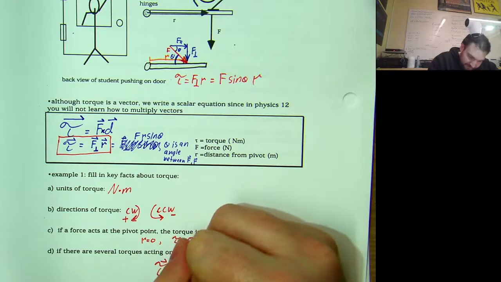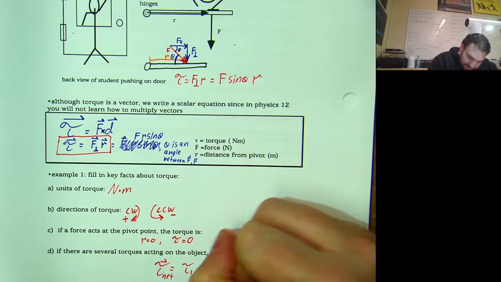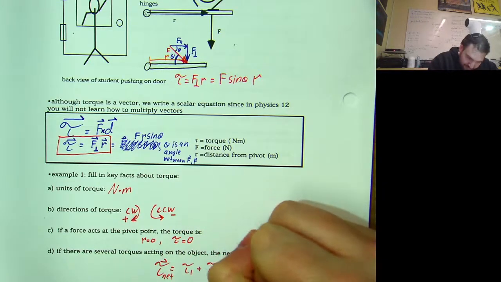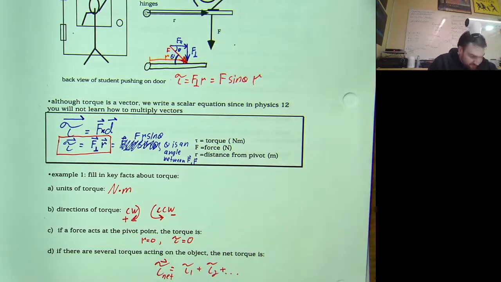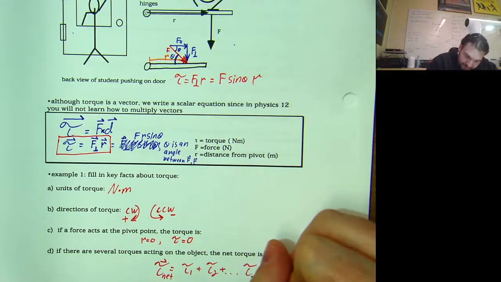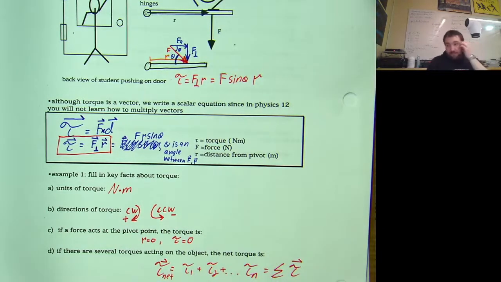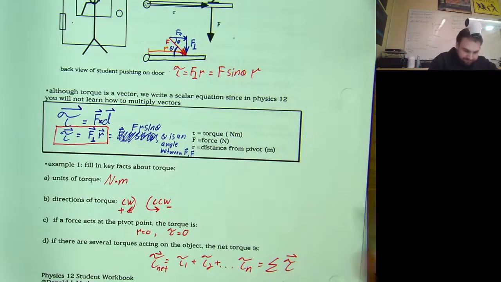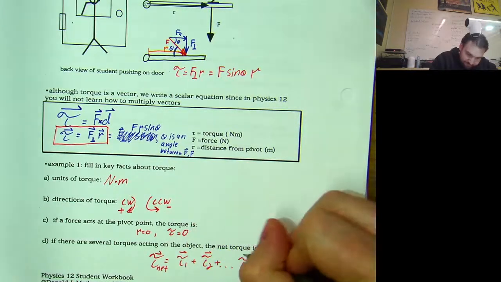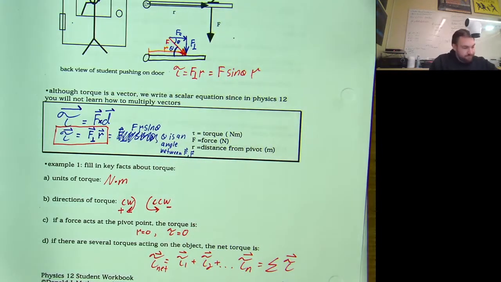Torque net equals torque 1 plus torque 2 plus ... torque N, which you can write like this. You guys saw this last year too. The sum of all your torques. Okay? This is the idea of torque. So flip the page. Let's do an example.